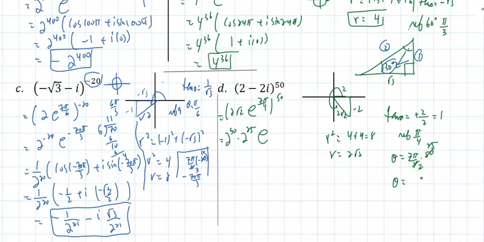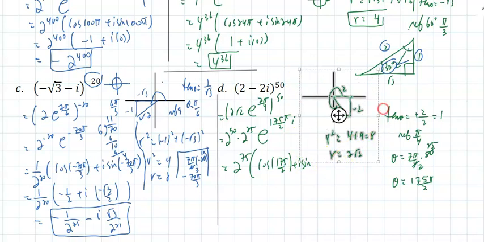Again, not a nice number, but it's easier than the alternative. 175 pi over 2 i, that would be 2 to the 75 times the cosine of 175 pi over 2 plus i, the sine of 175 pi over 2.